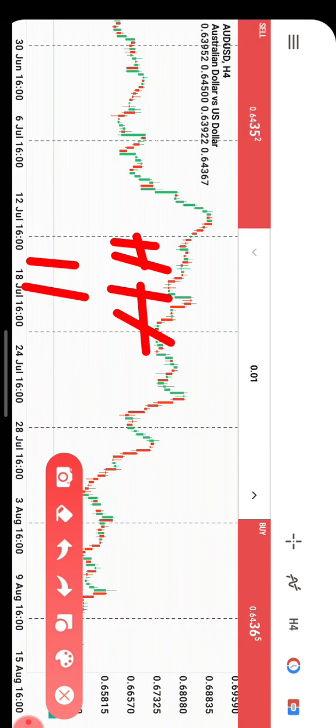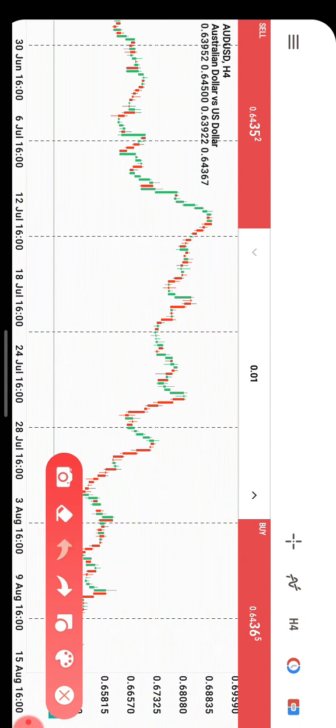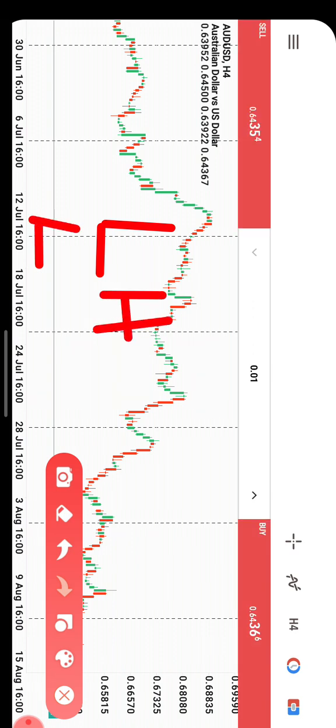For the downtrend, we always get what we call lower high and lower low. So what do we mean by higher high and higher low?